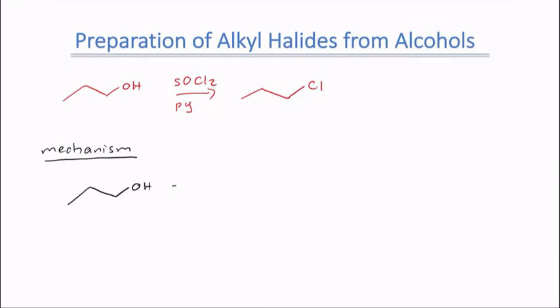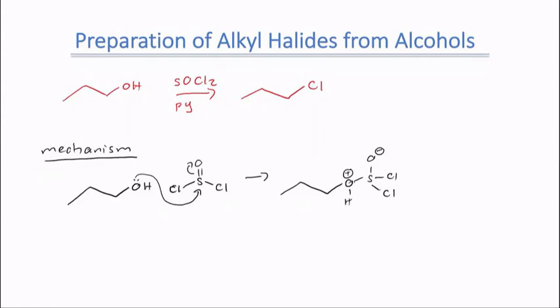And SOCl2 looks like this. So this is thionyl chloride. What happens in the first step of the mechanism is the lone pair from the oxygen comes and attacks the sulfur. That moves electrons up to the other oxygen. So when that happens, the negative charge on the oxygen will then move back down to create a double bond, and it kicks out one of the chlorines.